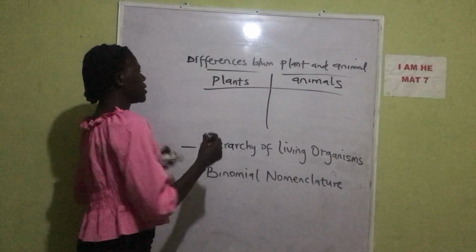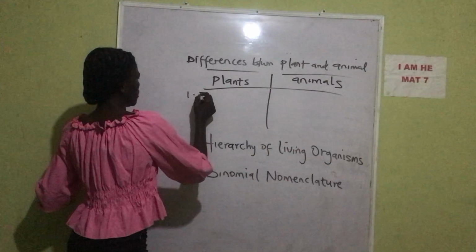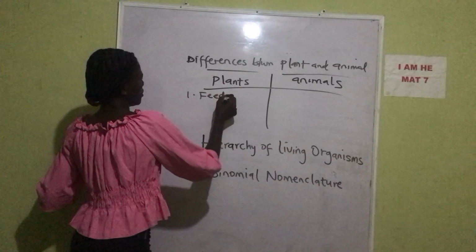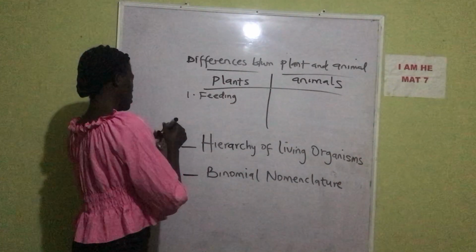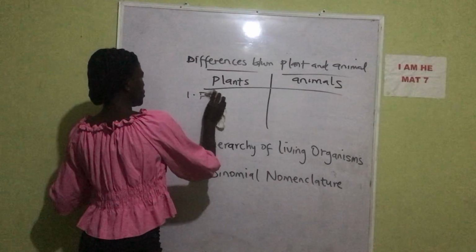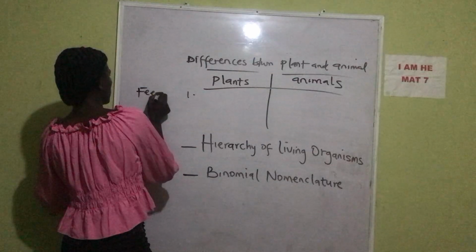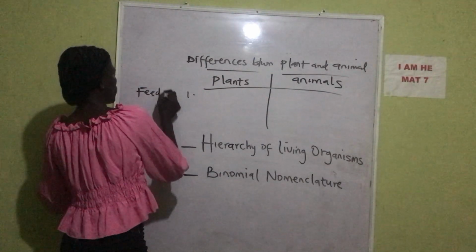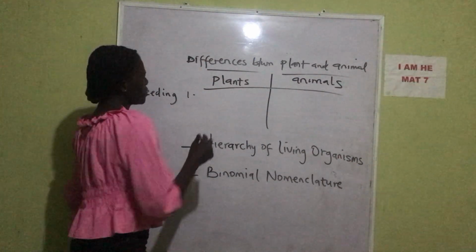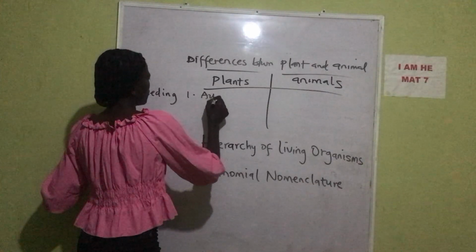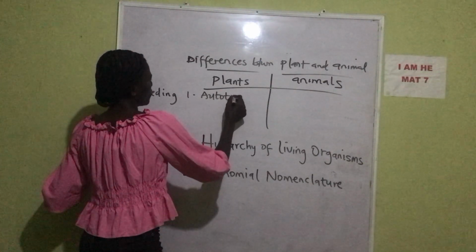So in terms of feeding, plants exhibit an autotrophic form of feeding, autotrophic.